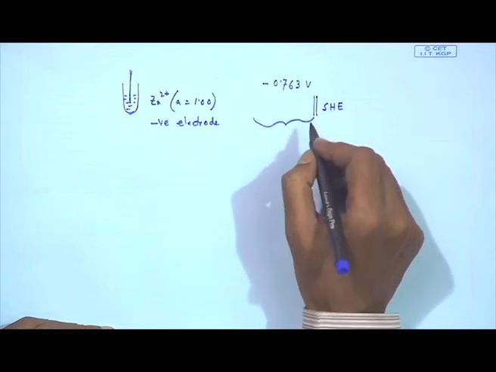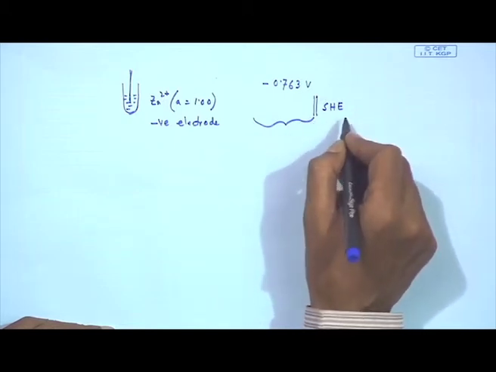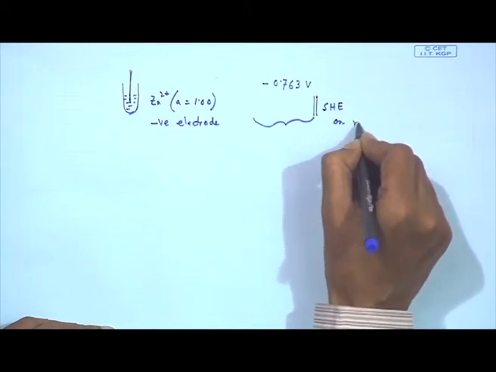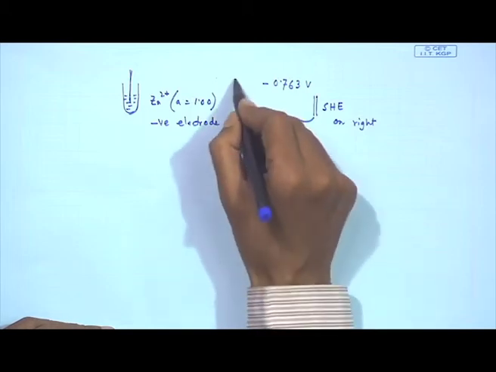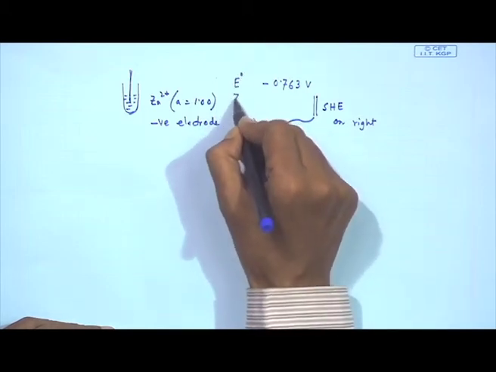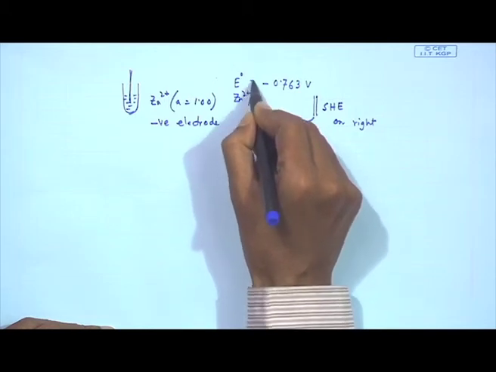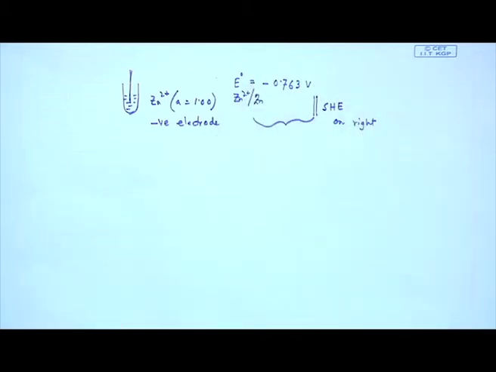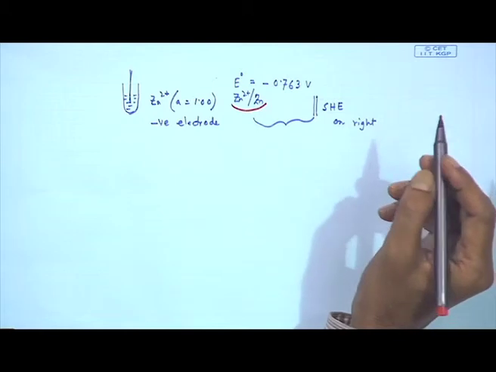So, this left hand electrode is paired with the SHE on the right, and this will be your E0 for zinc 2 plus and zinc. Wherever the position is, the corresponding potential will be written as its standard reduction potential.